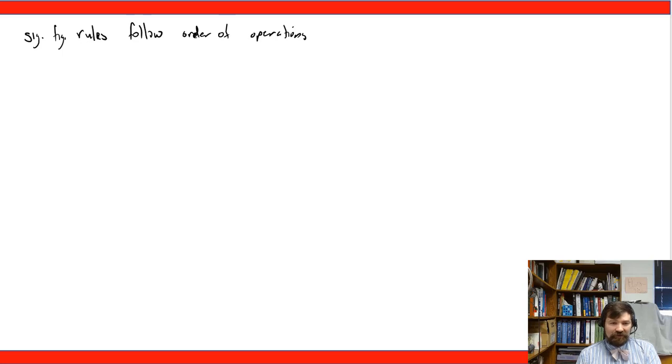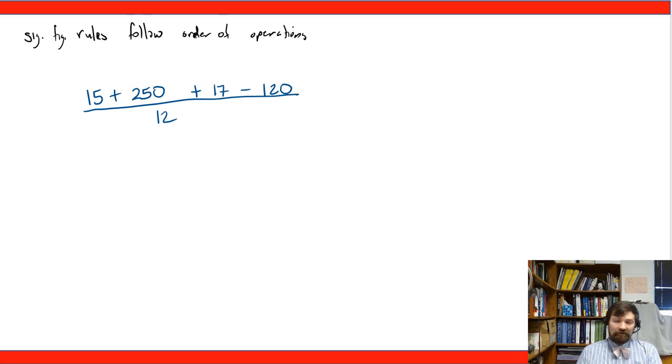So if you have, say, 15 plus 250 plus 17 minus 120, and then you want to divide that by, let's divide it by like 12.00. So we got 4 sig figs down here.